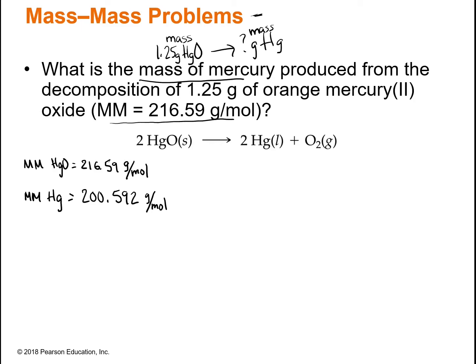Now that we've got our molar masses, we can start setting up the problem. So here's the plan. We're starting with grams of mercury 2 oxide. The first step is to go from grams to moles. And we're going to use the molar mass of mercury 2 oxide to do that. That's something that we did in chapter 8.